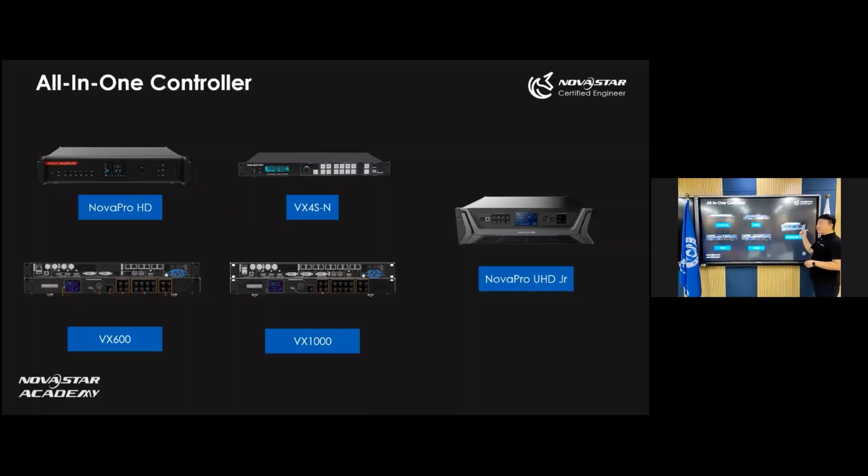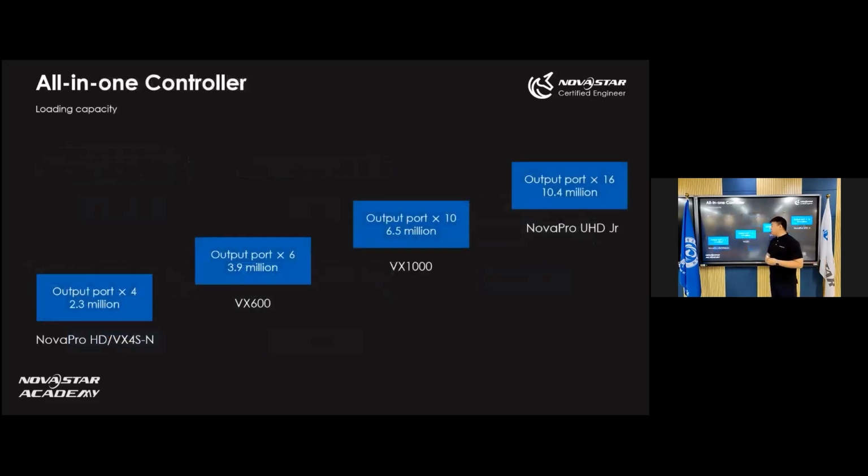For 4K resolution, all-in-one controller, we have the Nova Pro UH Junior. Basically, if you check this picture, you will find we have two branches: the Nova Pro series and the VX series. Again, we can find the logic behind the product evolution. The first is the loading capacity.